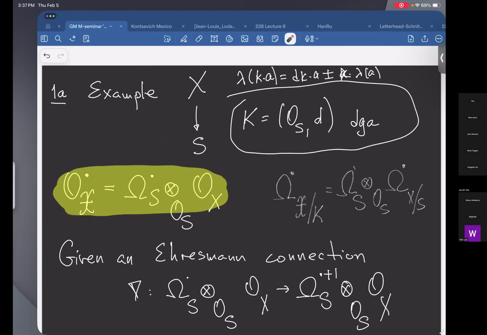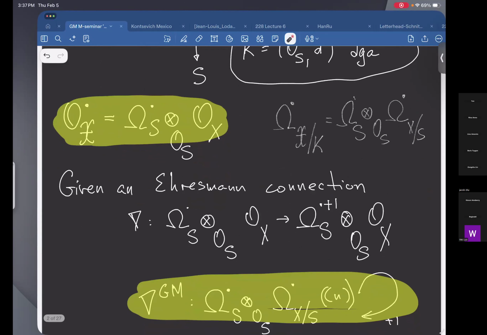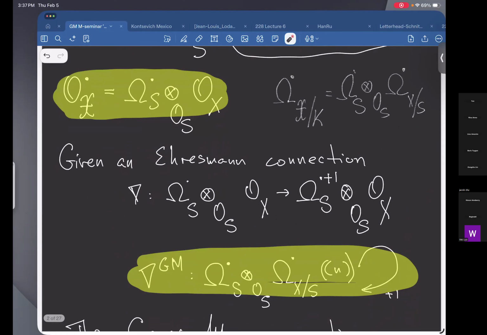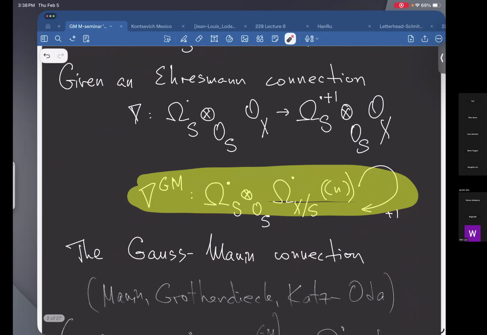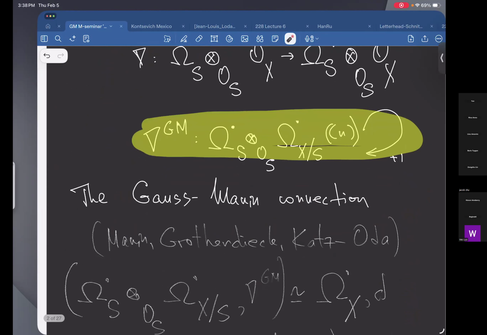So it's function-valued forms on the base, and forms on your scheme is this. And if you have what is called a de Rham connection, a connection in this infinite dimensional vector bundle, again it may not be flat, but it can be flattened by the same procedure. And this is the Gauss-Manin connection that you obtain by that construction from the previous page.